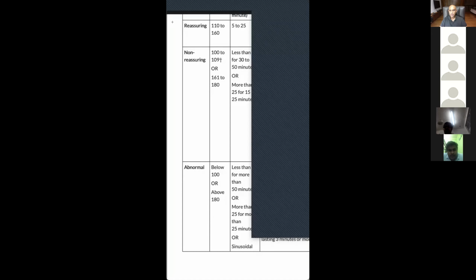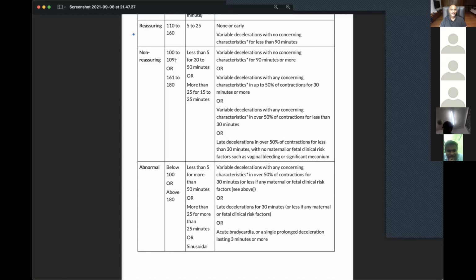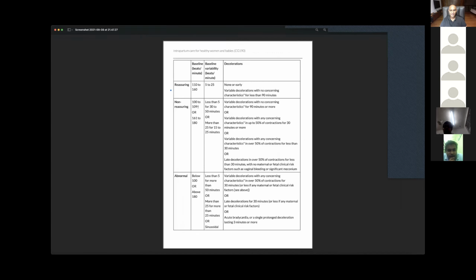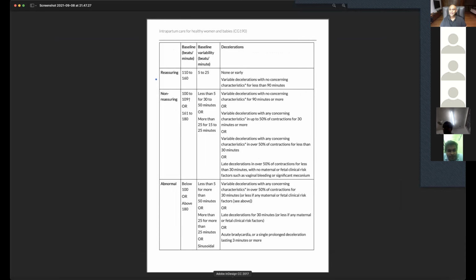Can you see my screen? Yes, sir, but there's a black window in front. Wait, I know there's a window. I'm just trying to find out. Does that look better? Yes. Okay. So look at this now, children.